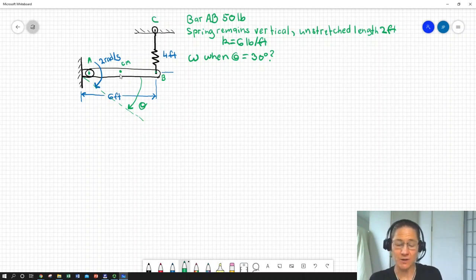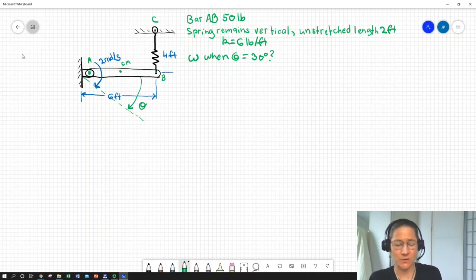Or we could simply look at the rotation of the whole rod around point A and consider that to be pure rotation. They will give you equivalent results in terms of kinetic energy. It is far easier to look at this from the standpoint of a pure rotation about point A.